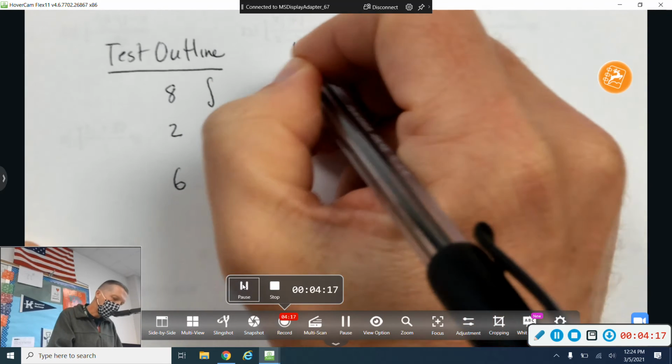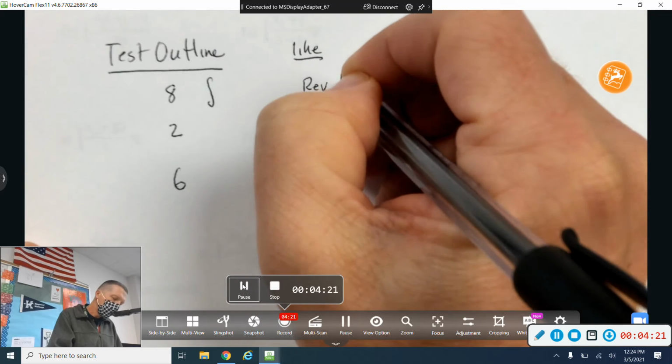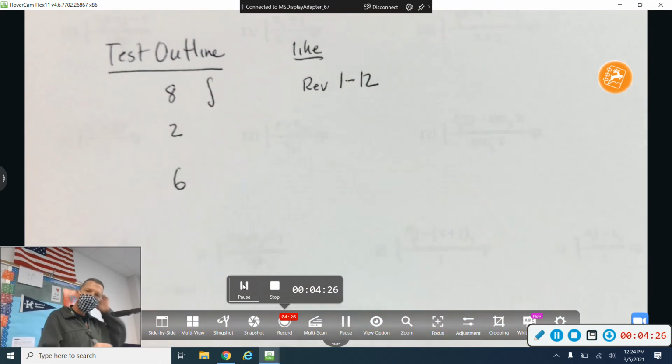That would be like or similar to, on the review, 1 through 12. And again, the trick is they're all jumbled up, so it's not like, oh, this is from section 5.2, so it has to be this, and this is from section 5.5, so it has to be this. They're all shuffled up together.